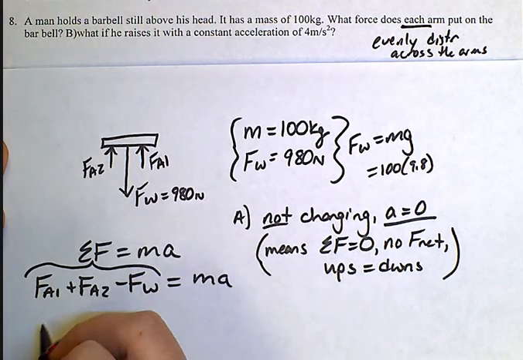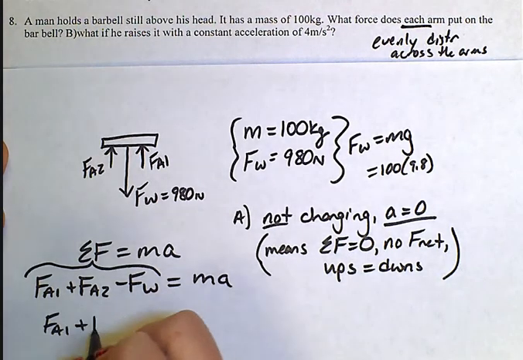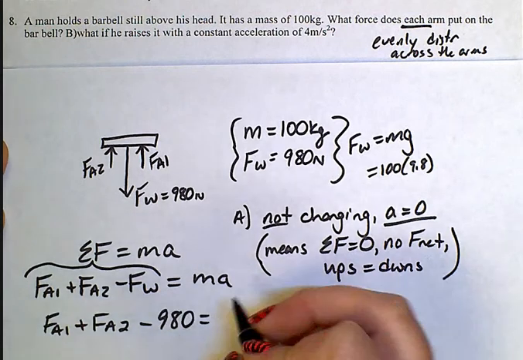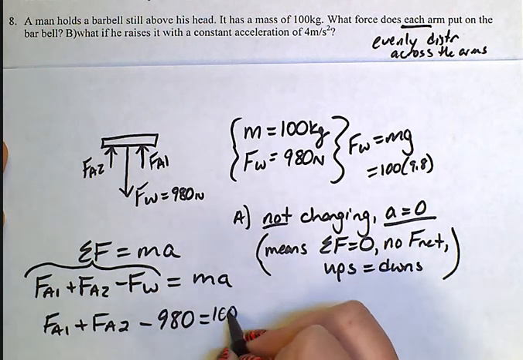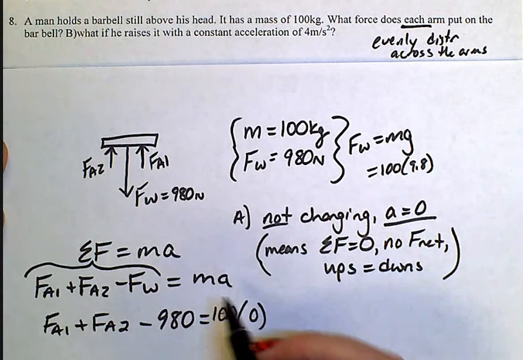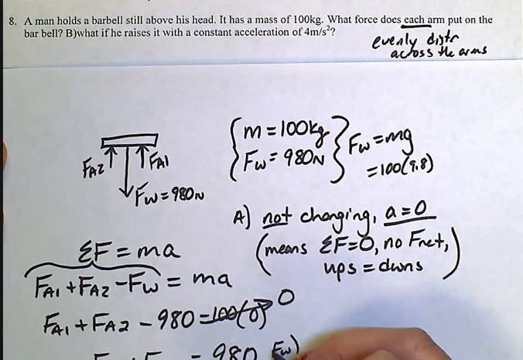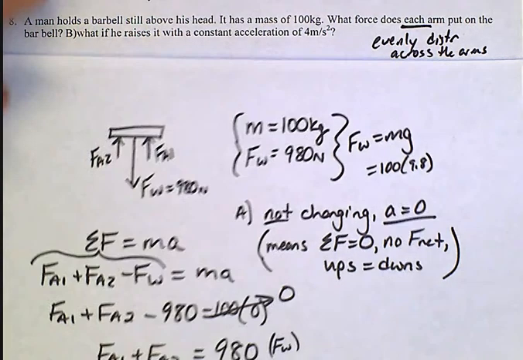I've got FA1 plus FA2 minus 980 is equal to the mass, which is 100, times 0. This whole side will go to 0 because it's in equilibrium. So I get FA1 plus FA2 is going to equal the 980. Remember, that's the weight. So see how my ups added together will equal my downs?